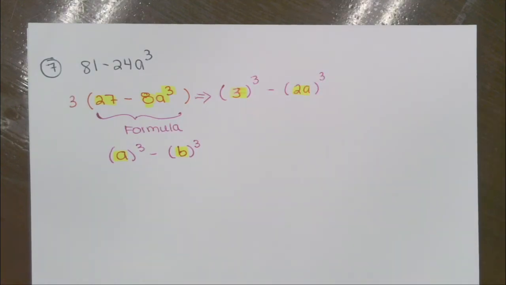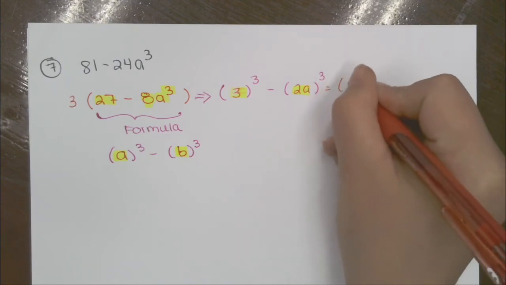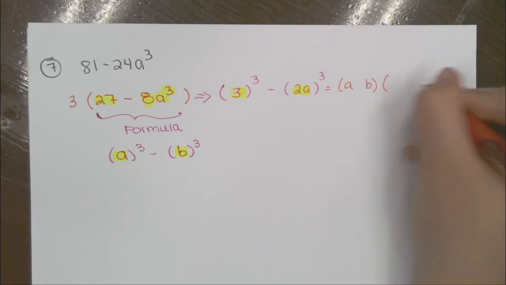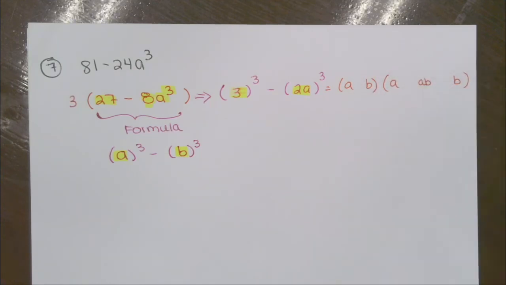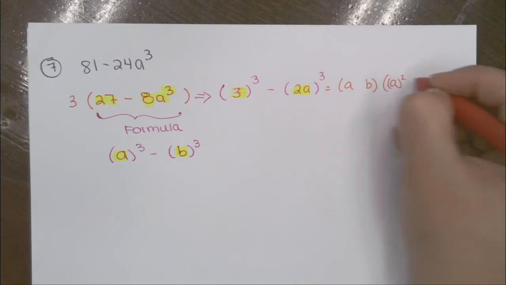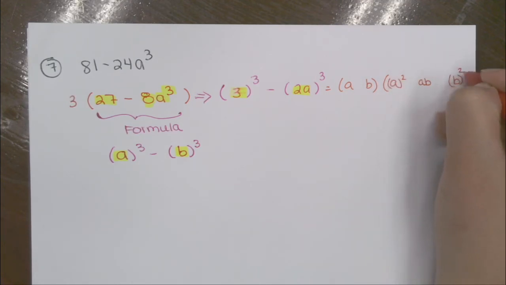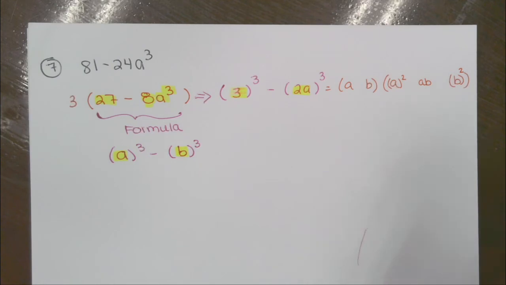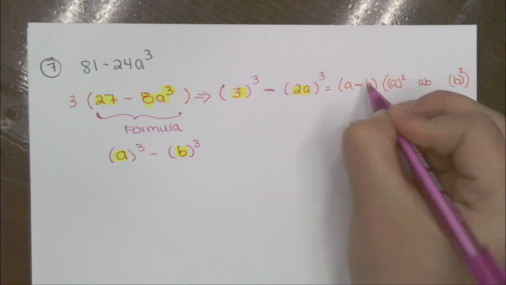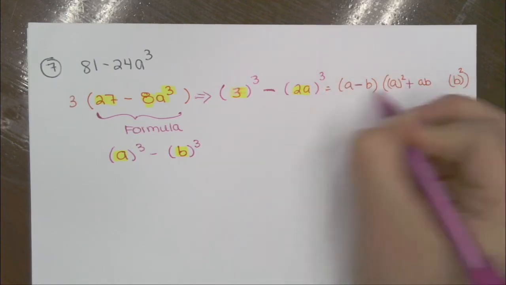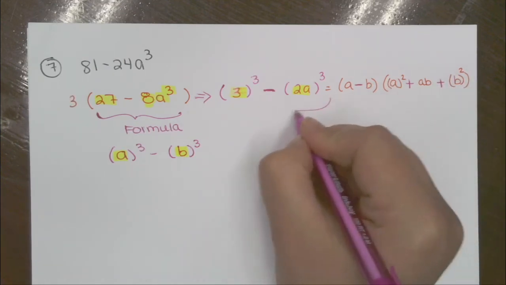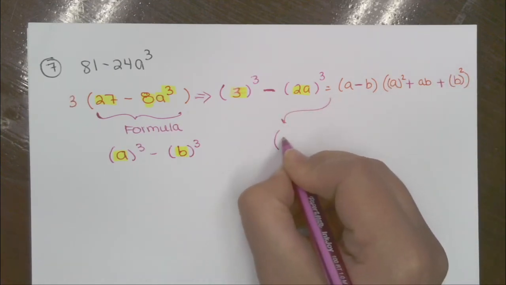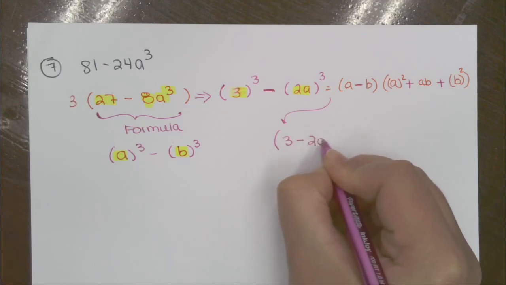Looking at the formula, you have a difference of cubes. A is always before b, so AB, AB, AB. This a right here is squared, put it in a bubble. This b right here is squared, put it in a bubble. Then you go back and you say always same, always different, always positive. Plugging in your numbers, we have 3 minus 2a.